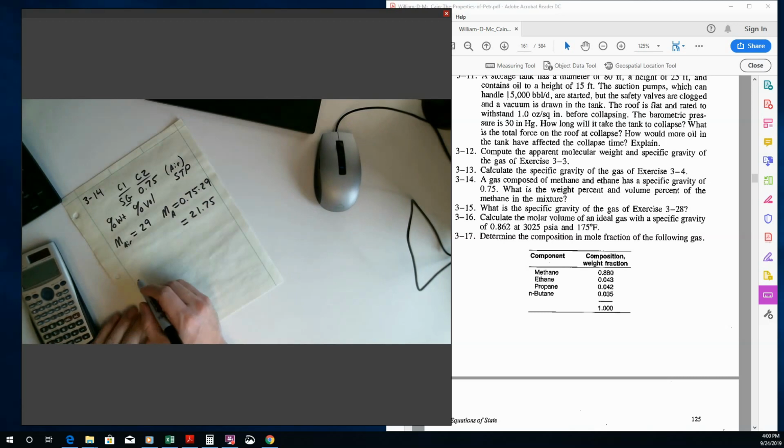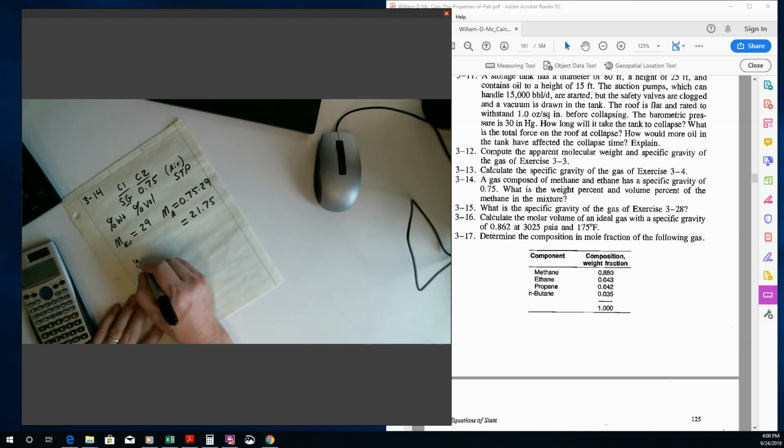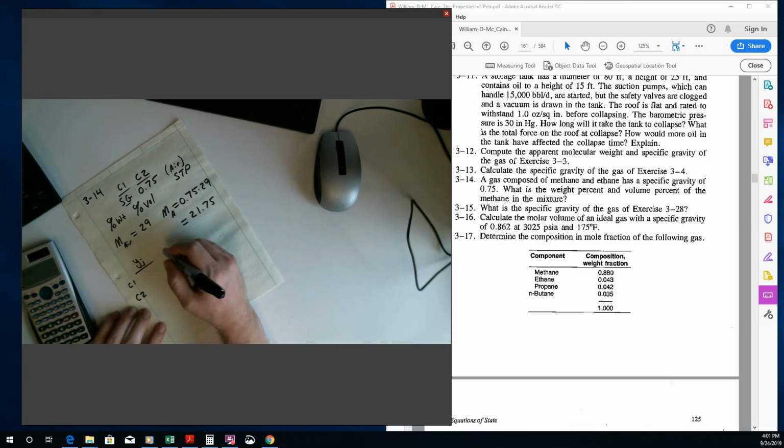So now we've got to come up with our compositions. We can call these Y sub j. Remember, this is the volume concentration if we're assuming an ideal gas. So we have some value for methane and some value for ethane that we're trying to find.